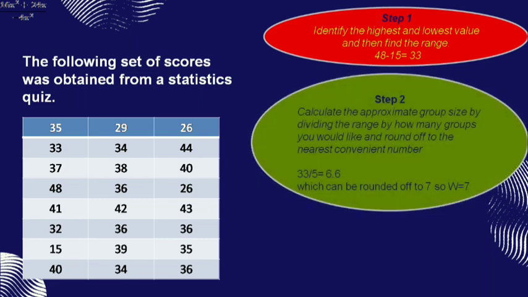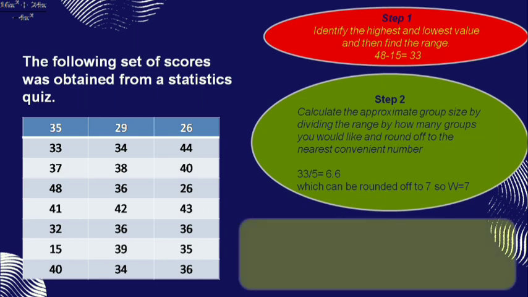The next step is to calculate the approximate group size by dividing the range by how many groups you would like and round off to the nearest convenient number. Our range is 33 and our preferred group size is 5. We divide 33 by 5 to get 6.6. We then round it off to 7.